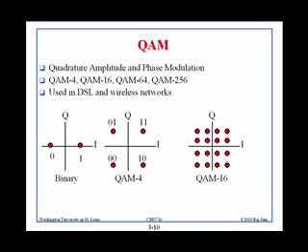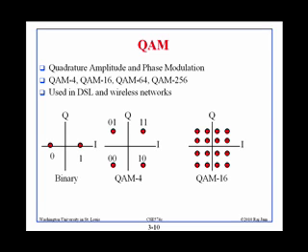With 16 points, we would like to figure out whether the amplitude is little or big or medium, and whether the angle is 45 degrees or 22 degrees or something like that, right? This coding is called QAM 16.